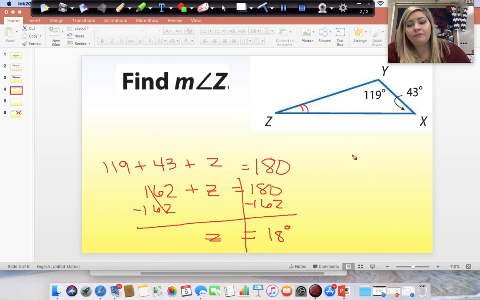So angle Z equals 18 degrees. And you can double check that by putting all these into your calculator and making sure it equals 180. So 18 plus 43 plus 119 should give you 180 degrees. And if it doesn't, you did something wrong. These are good problems because you can always go back and check your work.